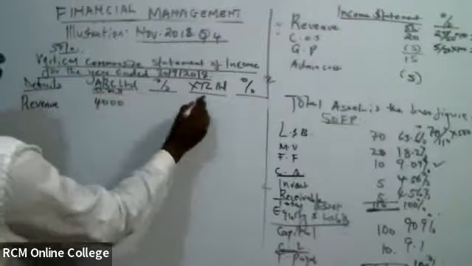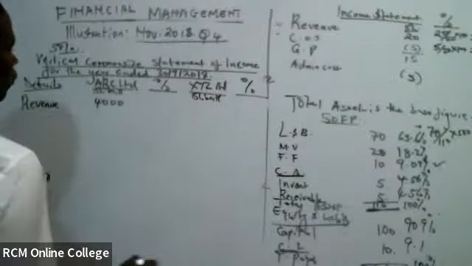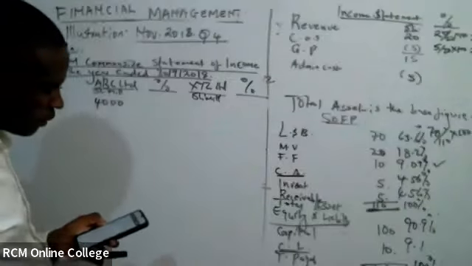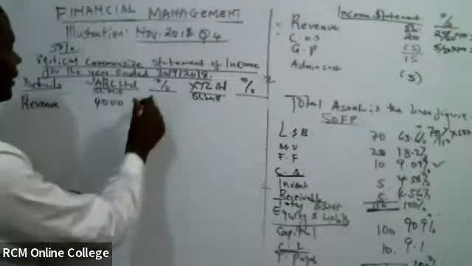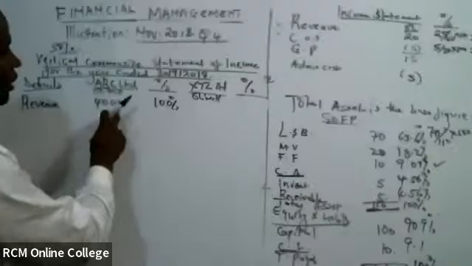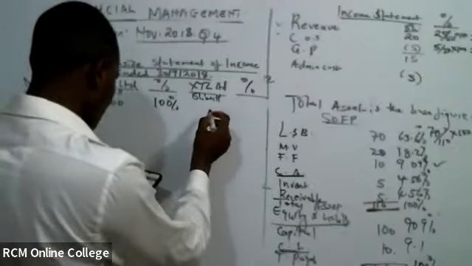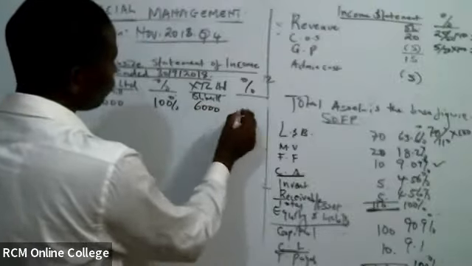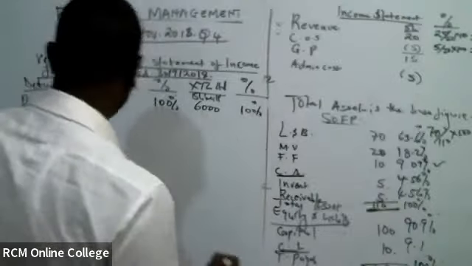Now, our percentage of sale will be 100%. This is 4,000 divided by 4,000 times 100. And then when you come to XYZ, here we have 6,000, so this as well will be 100%.